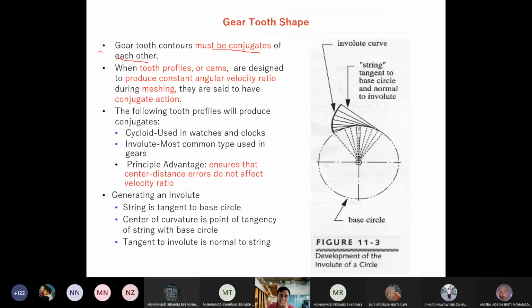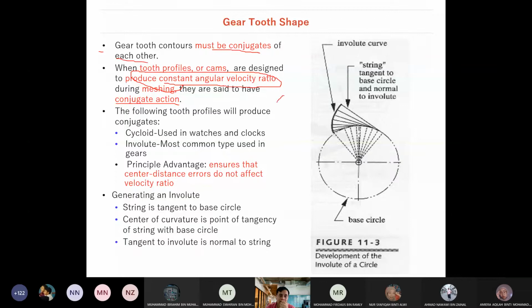Conjugate means that if the meshing gears produce a constant angular velocity ratio. So that's why we have the conjugate action. Maksudnya conjugate action ni kita nak pastikan dia berada dalam constant angular velocity, ataupun omega lah.